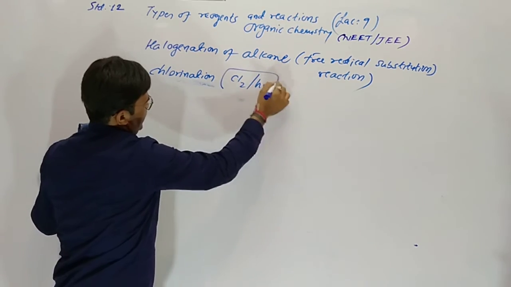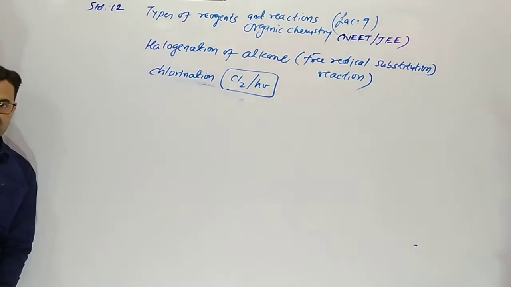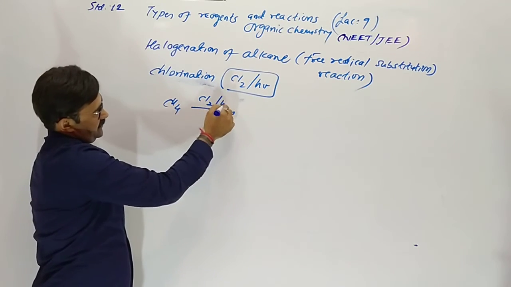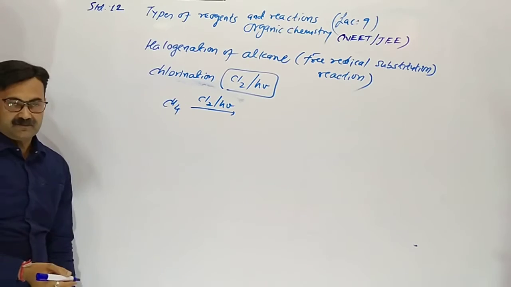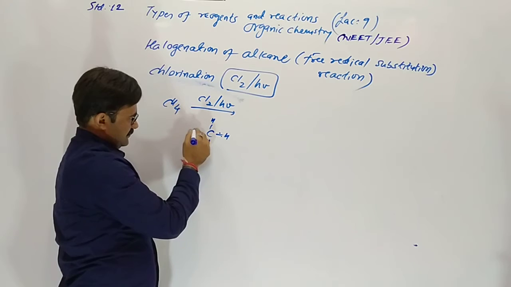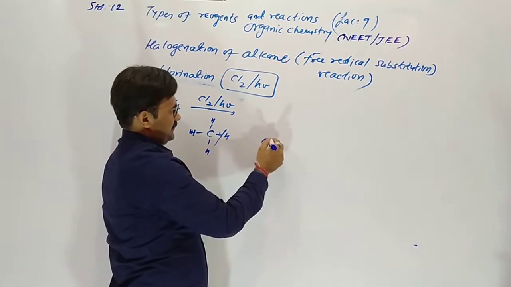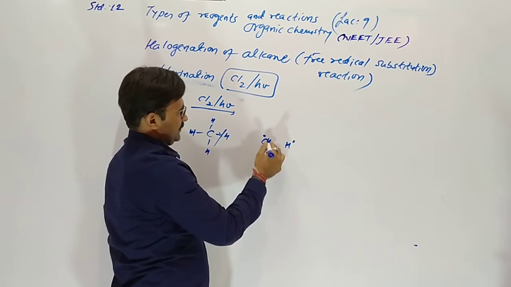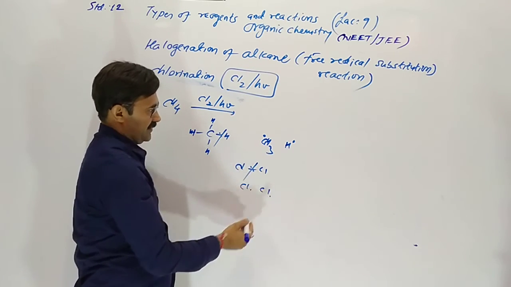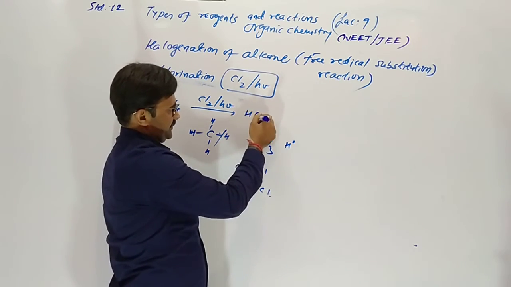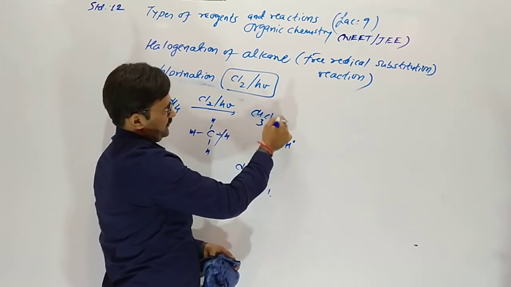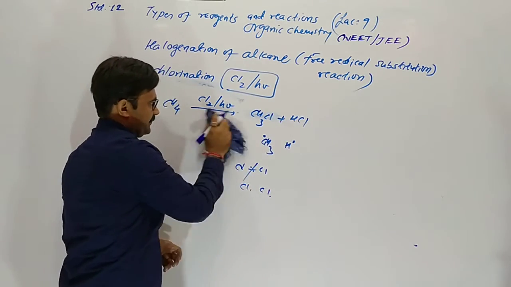Chlorine with sunlight gives products via free radicals. Methane, CH4, with chlorine in the presence of sunlight: the Cl-Cl bond breaks and chlorine free radicals occur. The chlorine free radical takes H from methane, forming HCl and a methyl free radical. CH3 with Cl gives chloromethane and HCl.